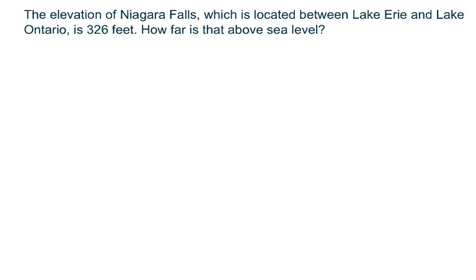The elevation of Niagara Falls, which is located between Lake Erie and Lake Ontario, is 326 feet. How far is that above sea level? Well, we know that it is going to be a positive number because our question asks how far is it above sea level. So it is going to be a positive 326.